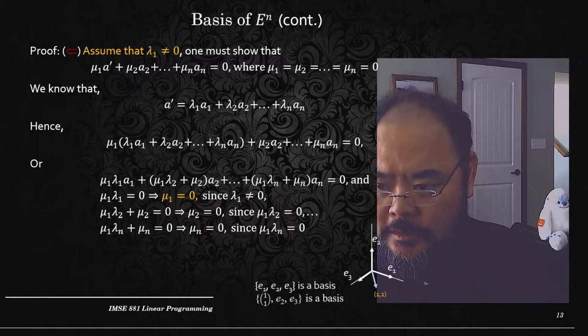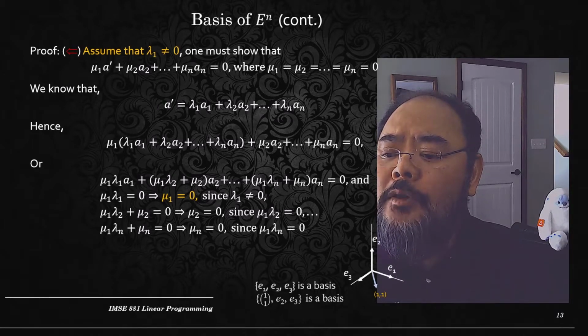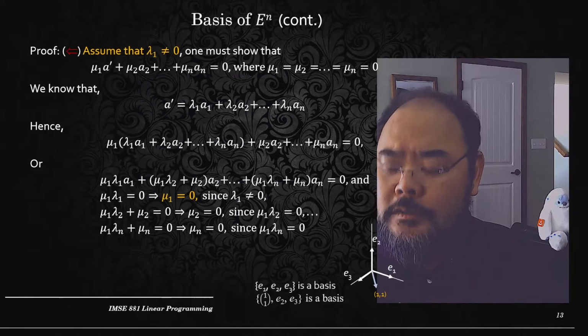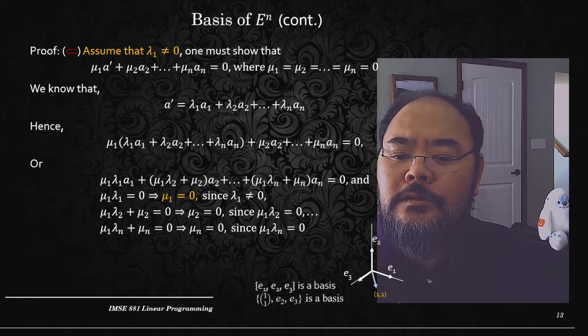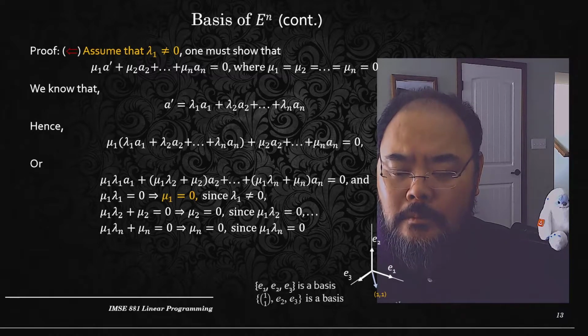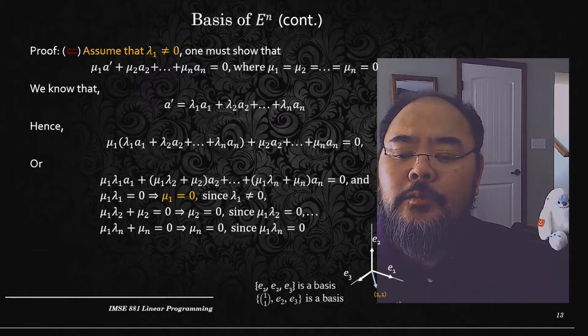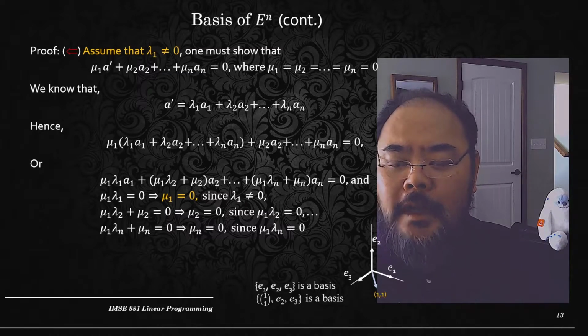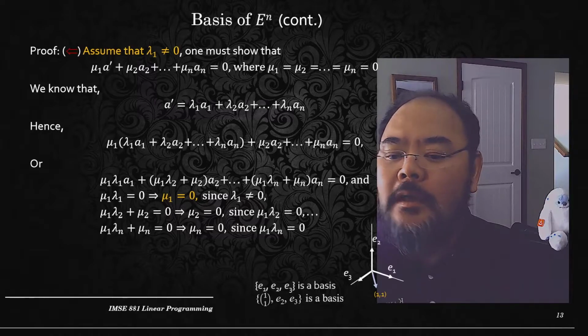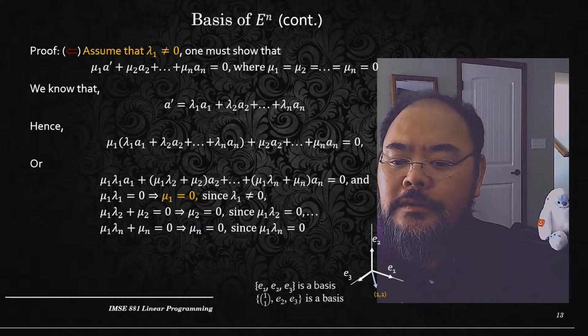One must show that mu1 times A prime plus mu2 times A2 plus all the way to mu n times An equals 0 only when mu1 through mu n are all equal to 0. That means S prime is a basis of n-dimensional Euclidean space.